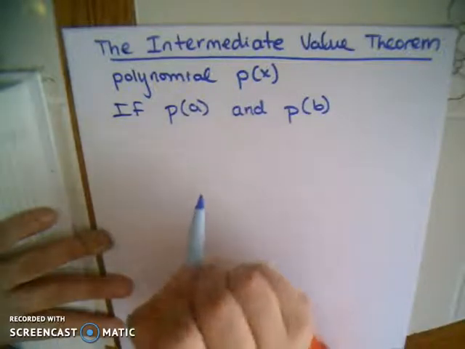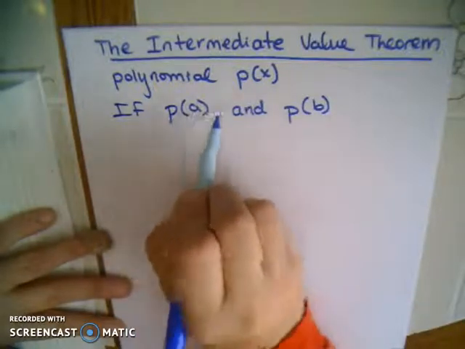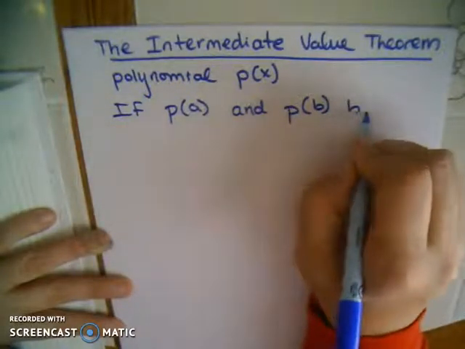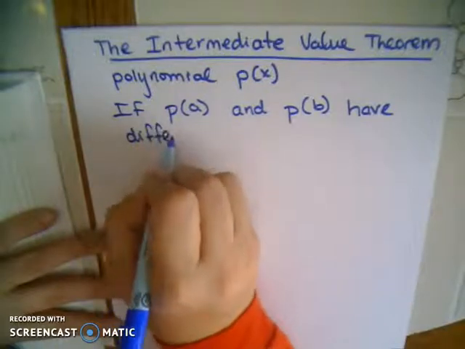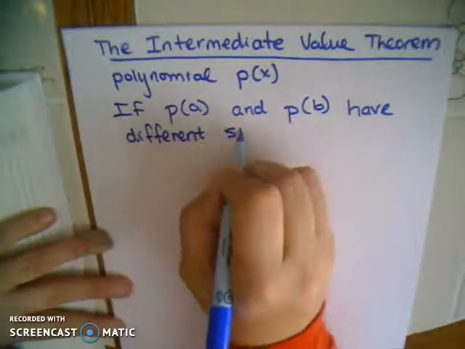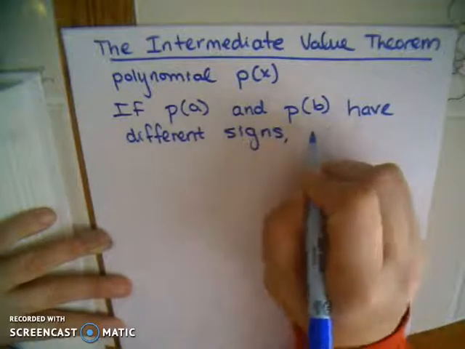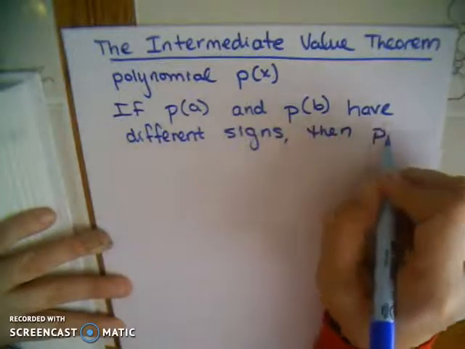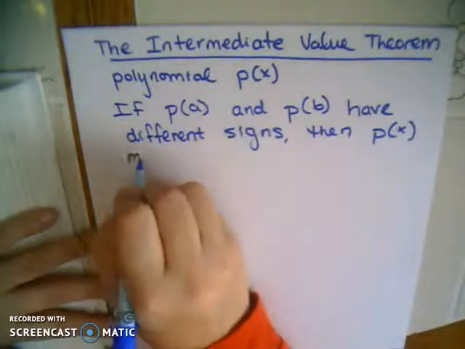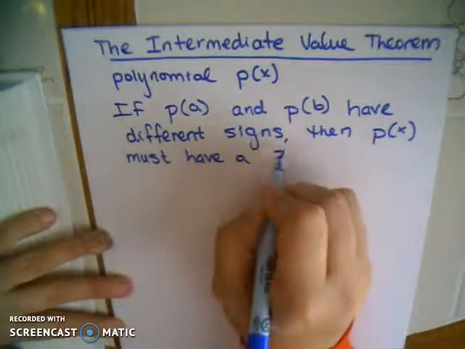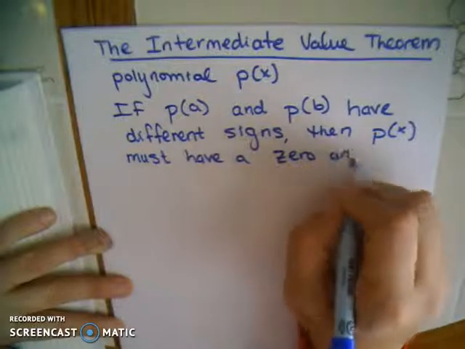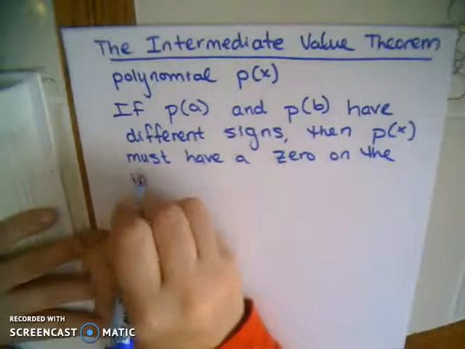So one of them is positive and one of them is negative. So if p of a and p of b have different signs, then p of x must have a zero on the interval a to b.